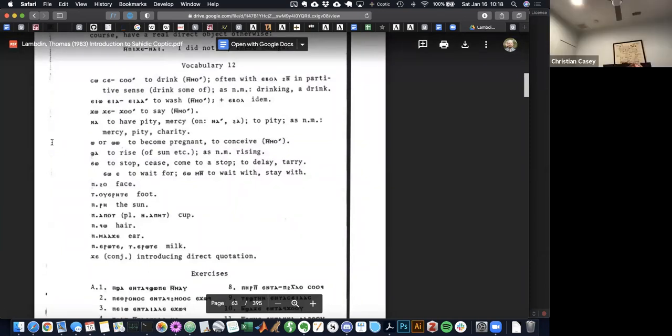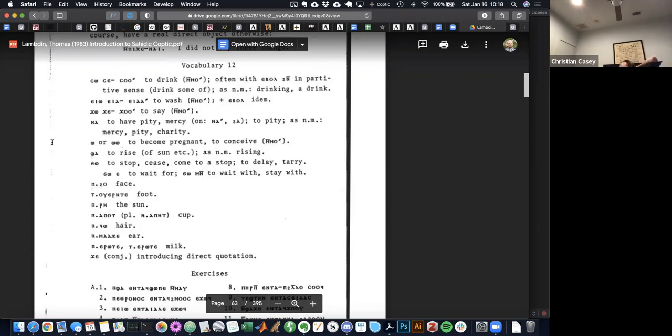There definitely are. There are quite a few verbs that are reflexive in Coptic, but not in English. That's the one that stands out to me the most.